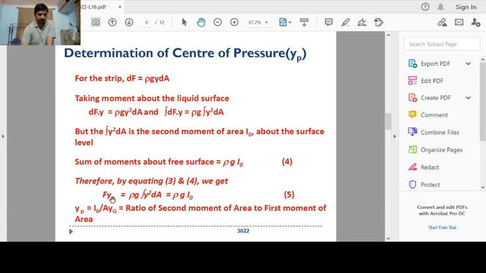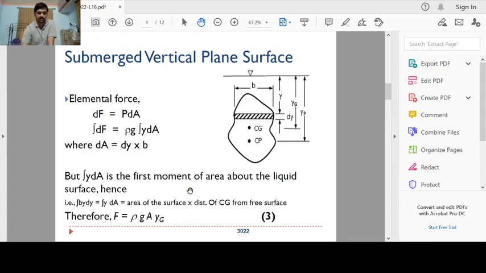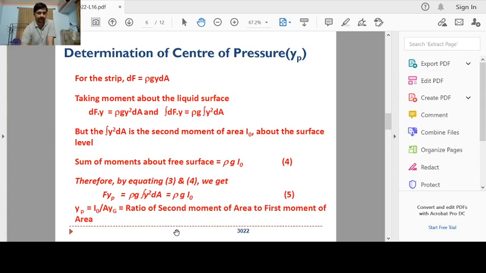F into Yp. What is Yp? The vertical distance of the center of pressure of the vertical plane surface from the free surface is equal to rho g into integral y square dA, where integral y square dA is I naught. The equation number 3 is written here: the total pressure rho g A yg. When you equate, you get F into Yp equal to rho g into I naught, where Yp is equal to I naught divided by A yg.